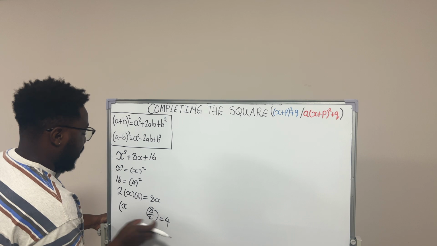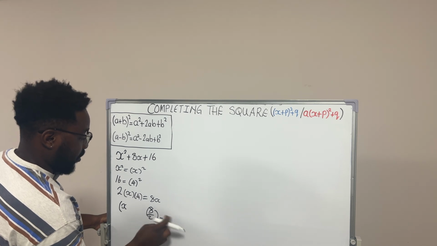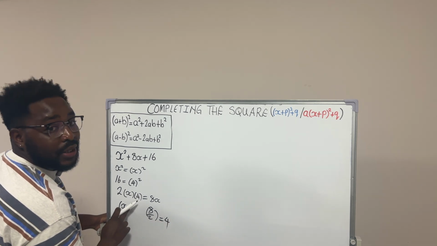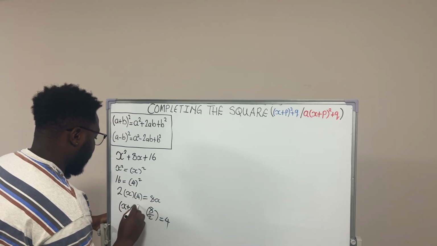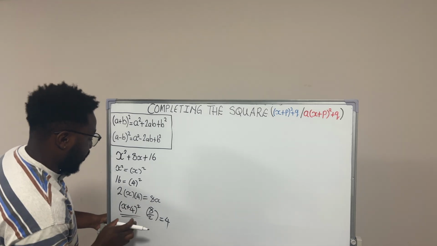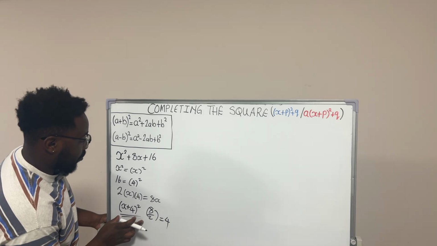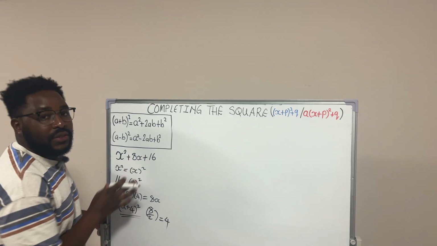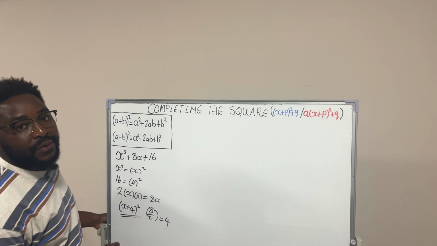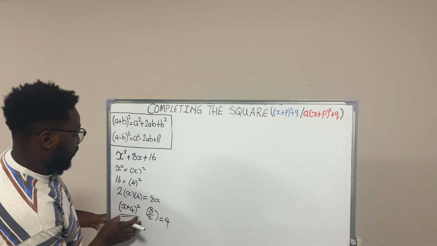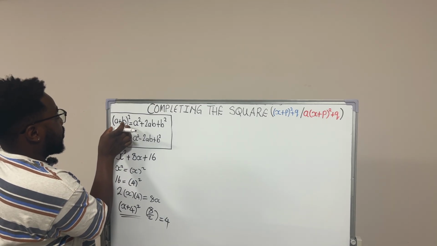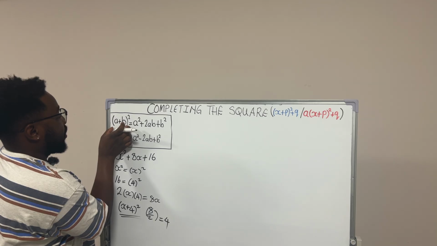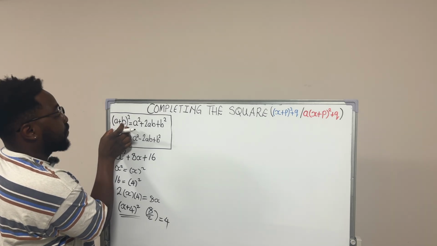So this constant 4 over here is what we have to put in our bracket, which is positive 4, and then we square it. Okay, so we have now factorized this perfect square trinomial. Yes, and if you look at this squared binomial, it's in this form.